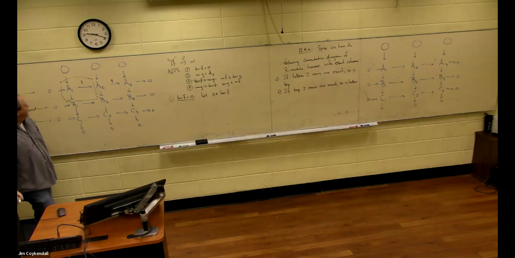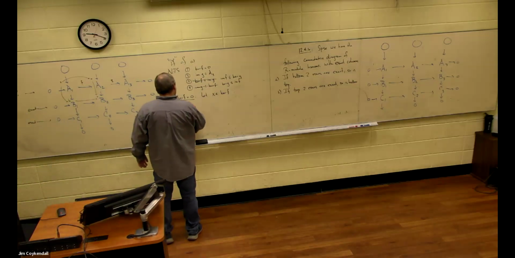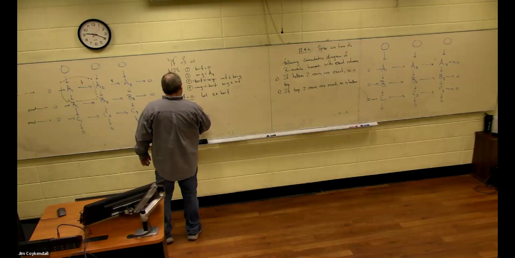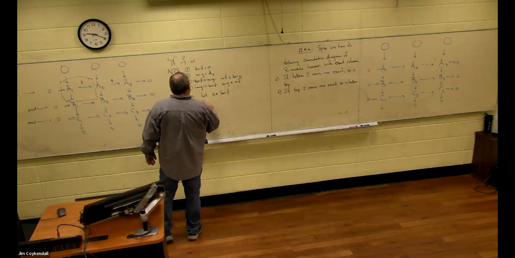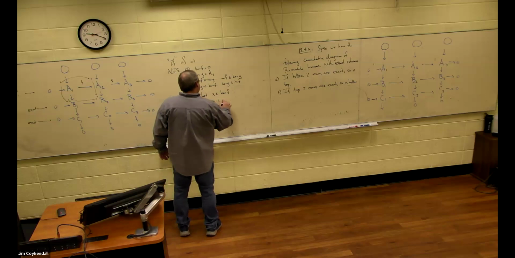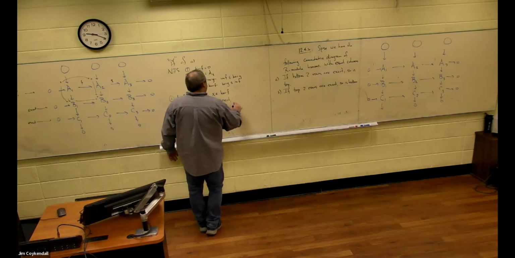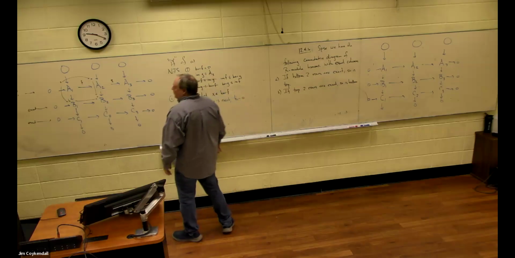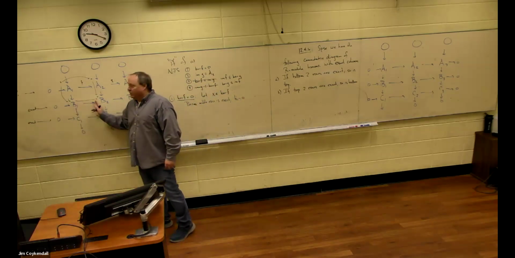So what does that mean? What do we know about this row? It's exact. So if B1 goes to 0, because the middle row is exact, B1 must be equal to 0, because B1 is in the kernel of this map.